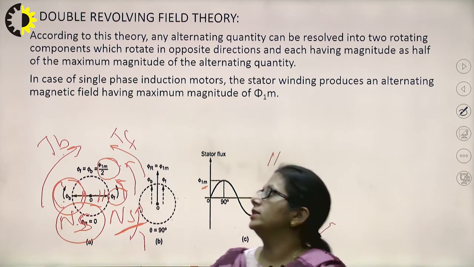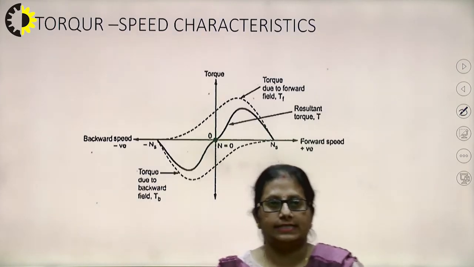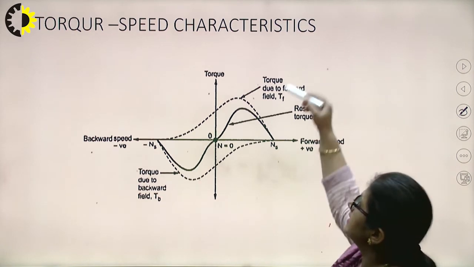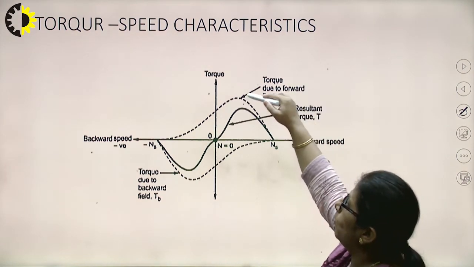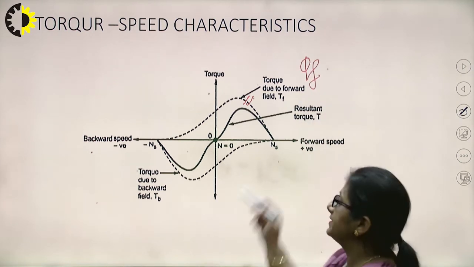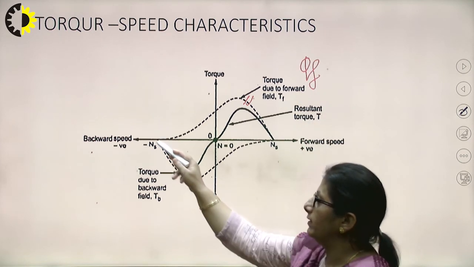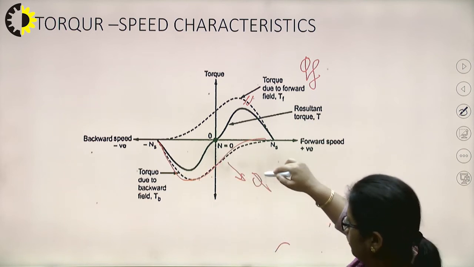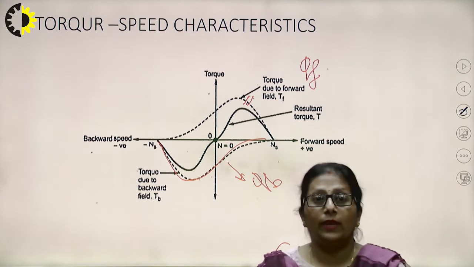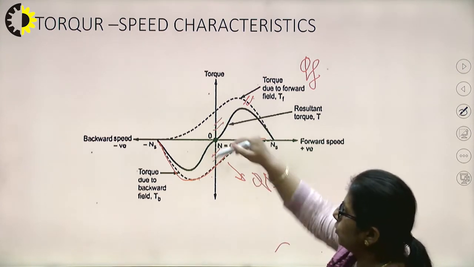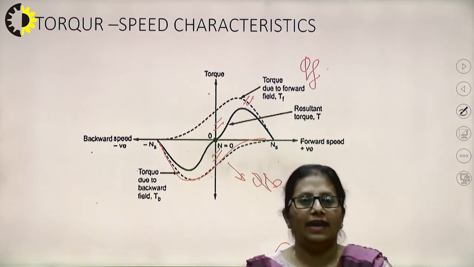Just now the torques we have discussed can be given by this torque speed characteristic. This is the torque which is being produced by the forward field, phi f, right? And this lower one is the torque which is being produced by the backward field. At the very starting, when the speed is 0, the backward and the forward torques both are equal and opposite.